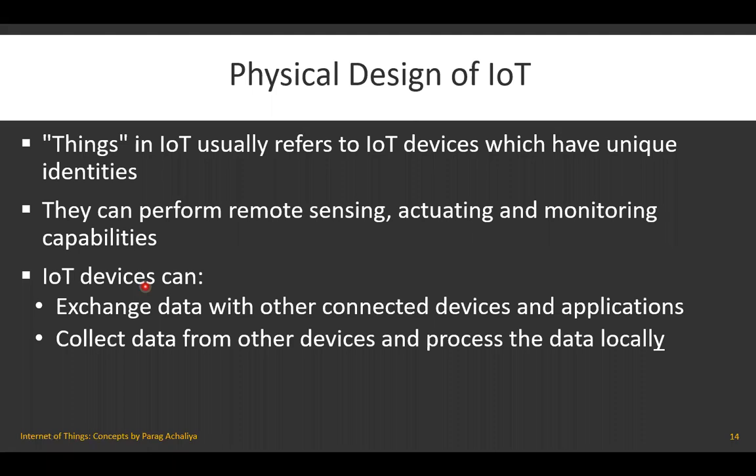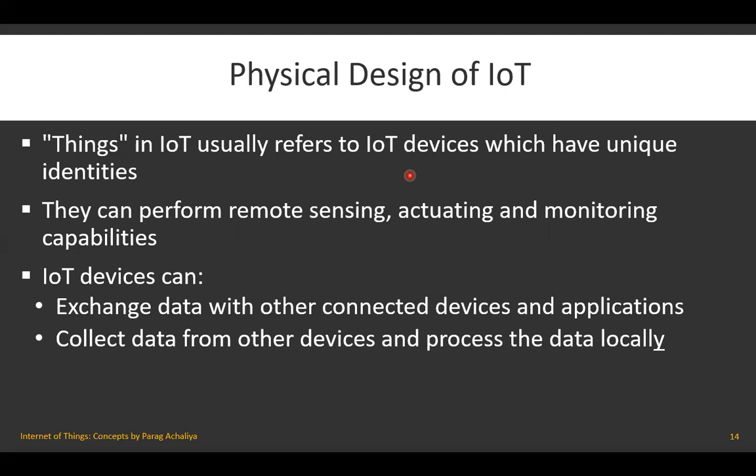Then the IoT device will collect the data from other devices and process the data locally. Locally means what? Whenever an IoT device generates some data or collects the data from other devices, that particular data will be stored on the same IoT device, and the data processing will be done on the same IoT device, irrespective of the data being sent to the server or the cloud.